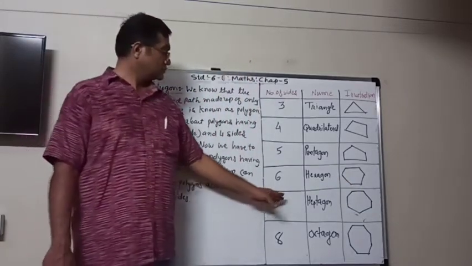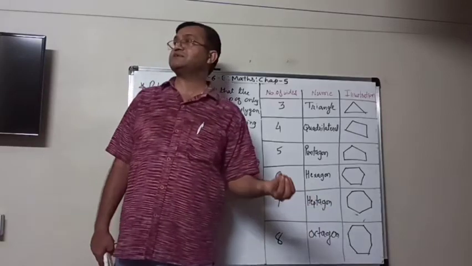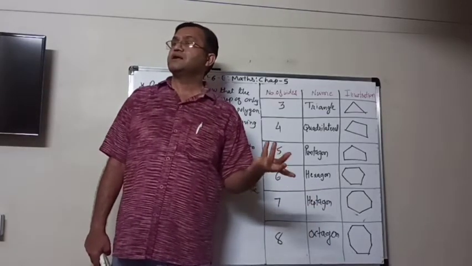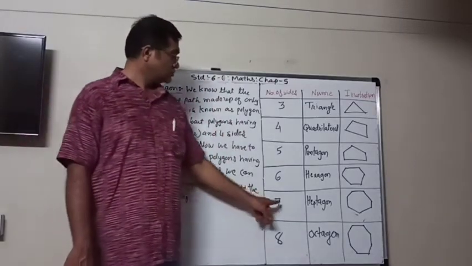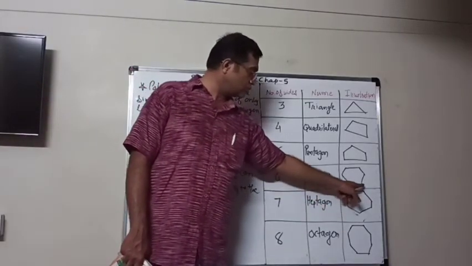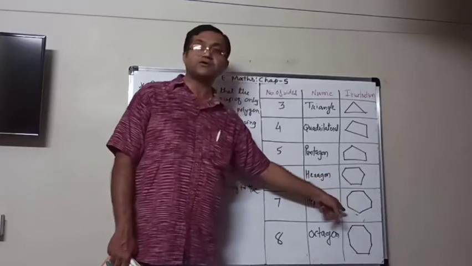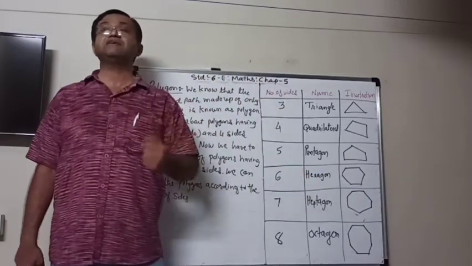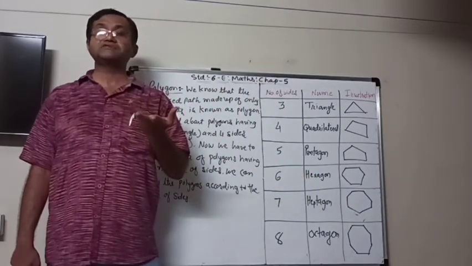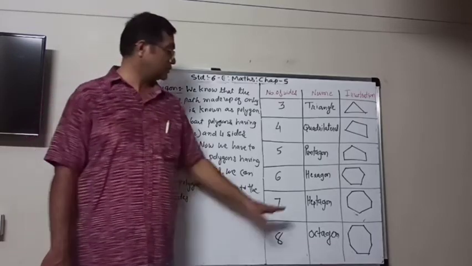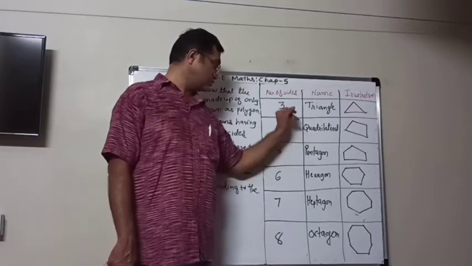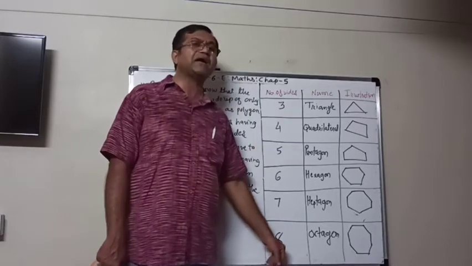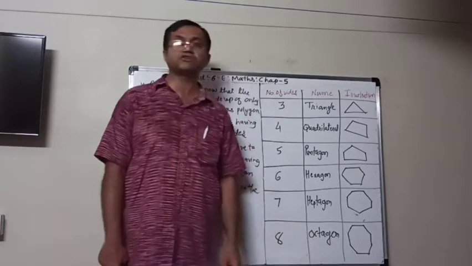Then the polygon having 7 sides is known as a heptagon. So here you can see 1, 2, 3, 4, 5, 6 and 7 sides. And then the polygon having 8 sides is known as an octagon.